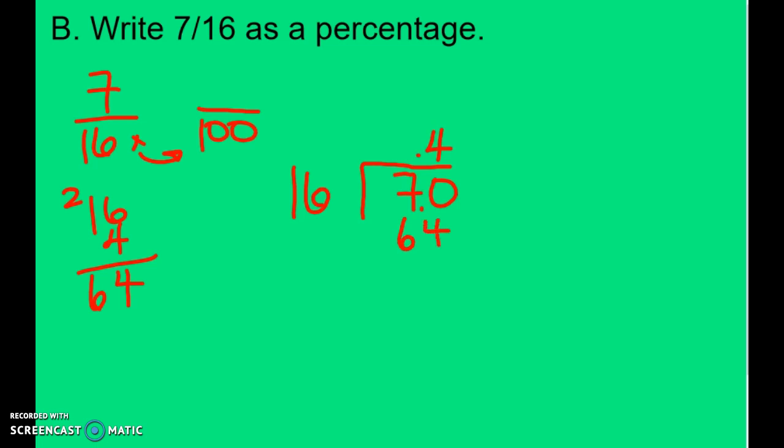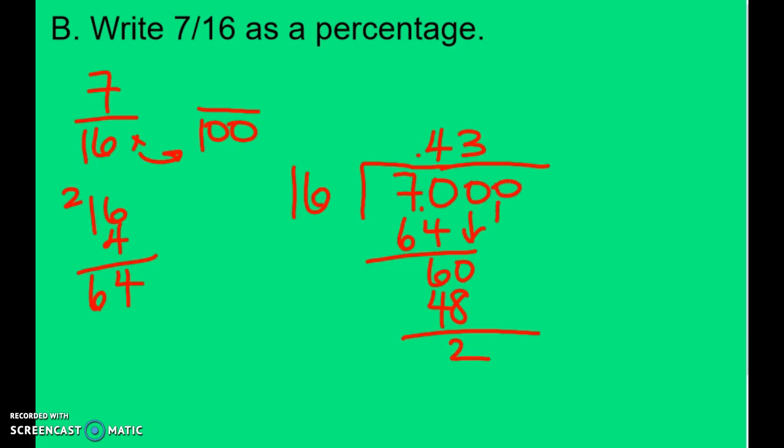We get 64, subtract, add a 0. 16 is going to go into 60 3 times. Okay, and that would be 48. With 12 left over, add a 0. 16 goes into 120 7 times.